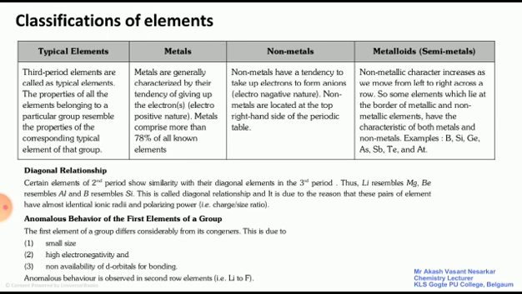Now next comes, very important, metalloids. Neither metal nor non-metal. Non-metallic character increases as we move from left to right across a row.